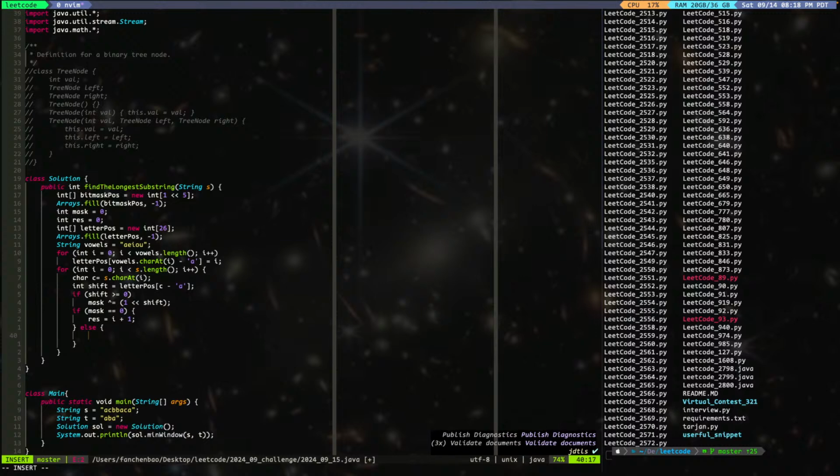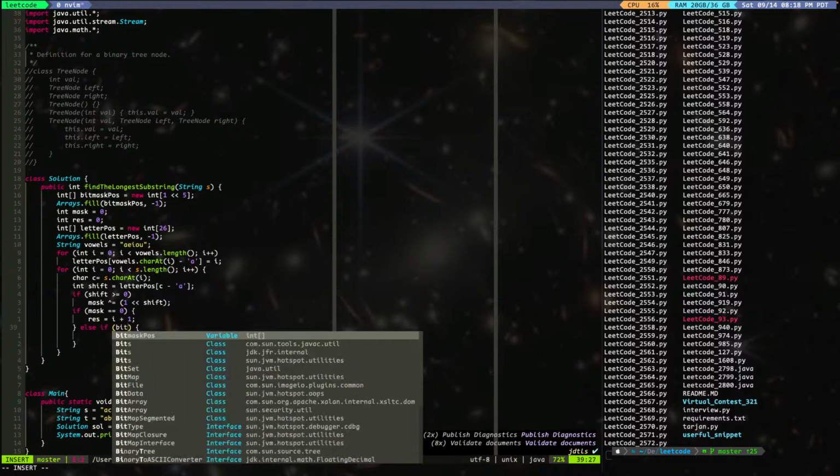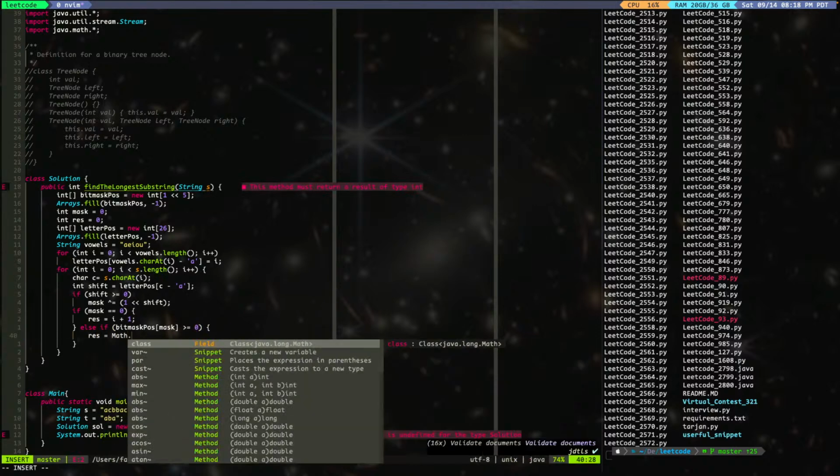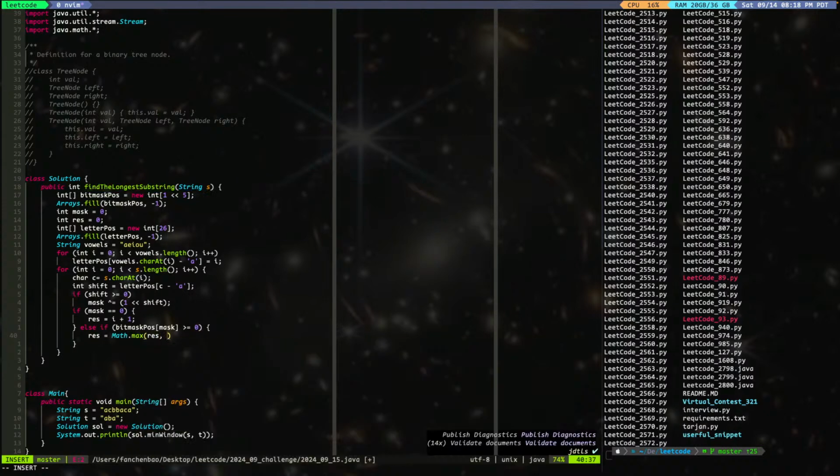Else mask is not equal to 0. Then what we need to check is, actually it should be else if bitmask position of mask is larger or equal to 0. Alright. Then res equals Math.max of res and the current position minus the previous position.